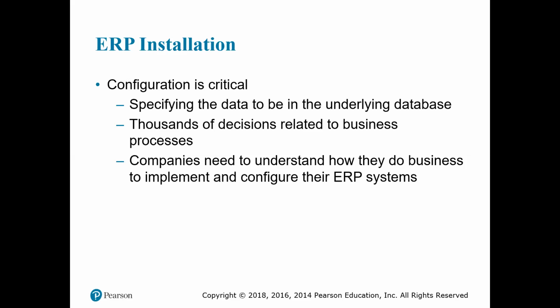All ERP systems require extensive configuration to map to a specific business. A company needs to understand its processes to make thousands of necessary configuration decisions. Often, companies will hire outside experts to help them understand their own business and then implement the ERP based on this understanding.